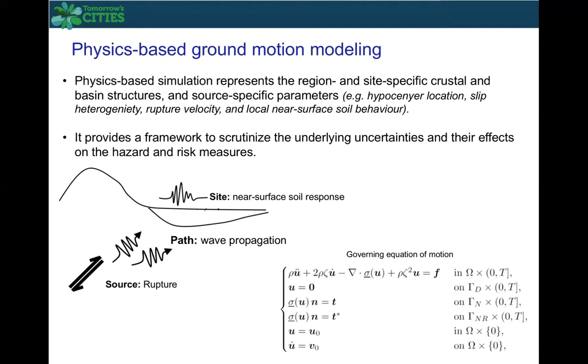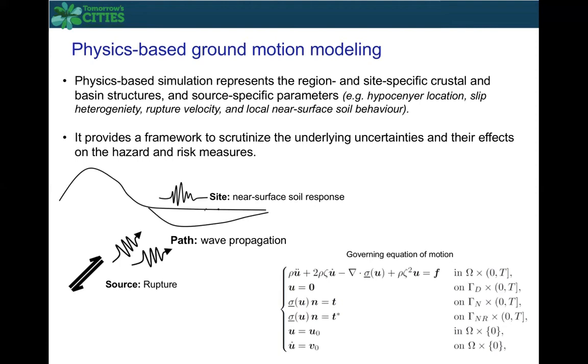Here, the focus is on physics-based ground motion simulation methodology in which the regional and site-specific characteristics of the crustal and basin layers, as well as the earthquake source properties, including hypocentral location, slip distribution, rupture velocity, etc., are incorporated in the modeling stage in order to solve the equation of motion and obtain the ground motion time series at the surface of the ground so we can use them in the engineering, damage, and risk assessment.